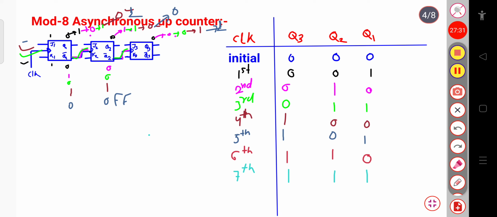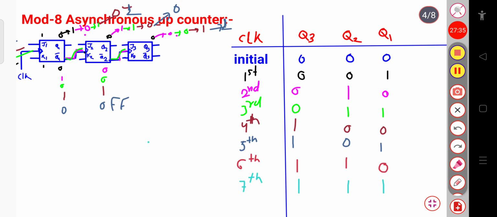Now for the eighth clock pulse, I can write here again. When Q1 is 1 and the clock pulse is given, it will go to the toggle condition, that is 1 goes to 0. When Q1 is 0, Q1 bar will be 1. When Q1 bar is 1, the second flip flop is in the on condition.